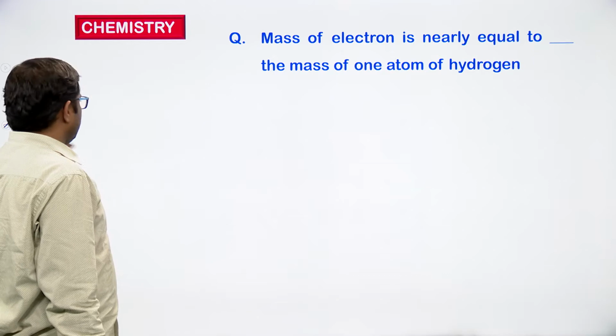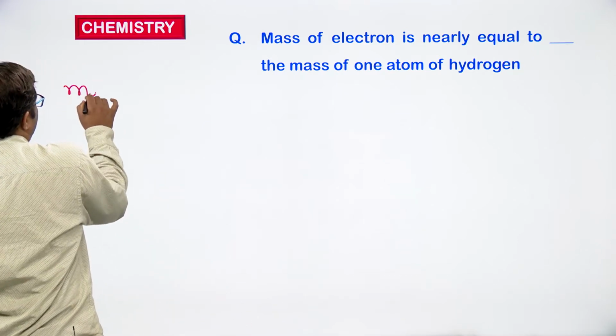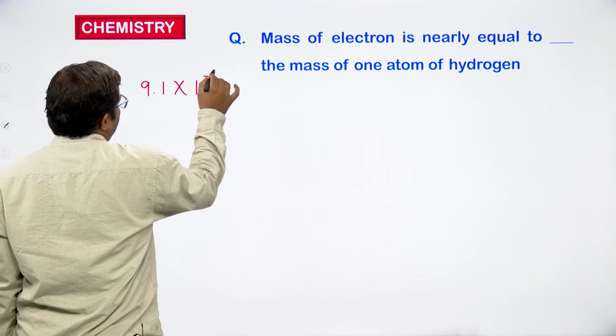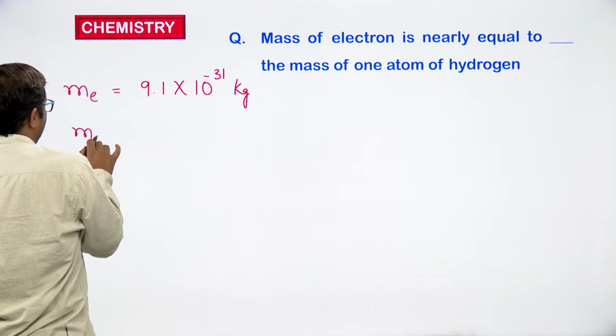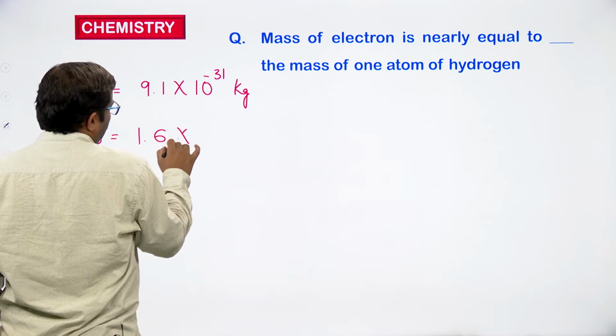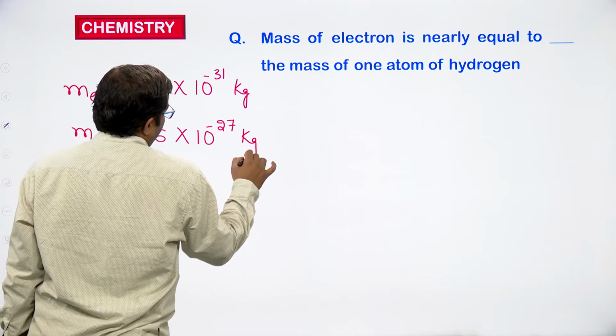For that purpose, we know the mass of the electron. The mass of the electron is 9.1 into 10 to the power of minus 31 kilogram, okay. Whereas the mass of the proton is around 1.6 into 10 to the power of minus 27 kilogram.